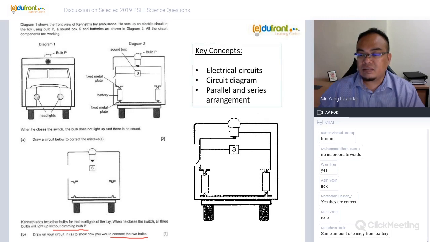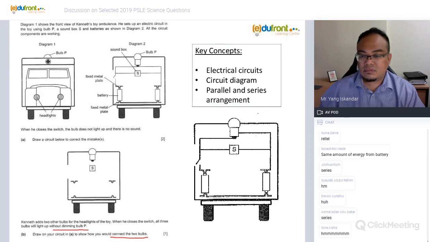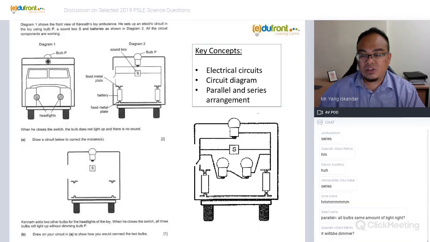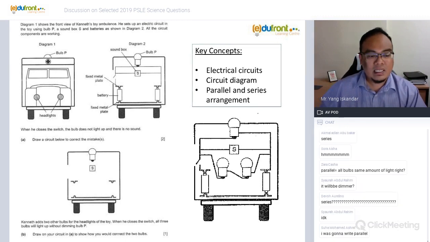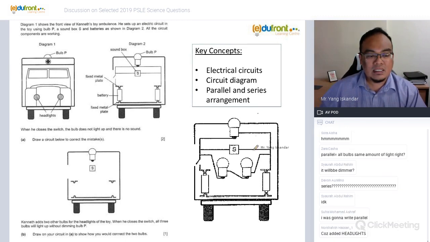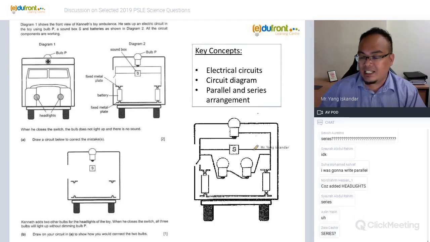Why wrong? Okay, sorry. It should be in parallel. Okay, it should be in parallel, not series.